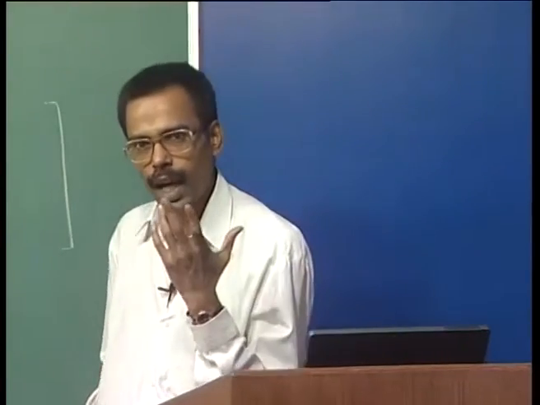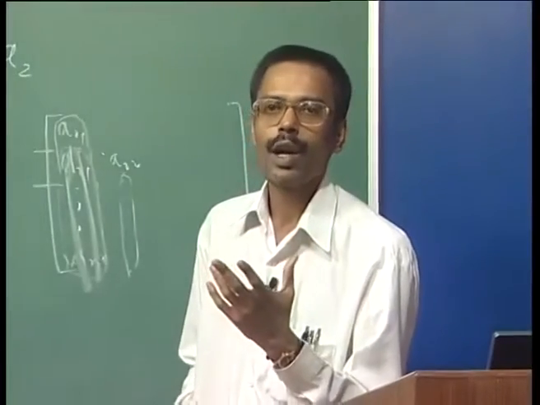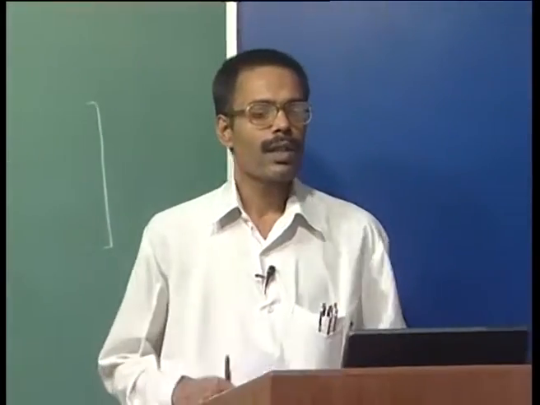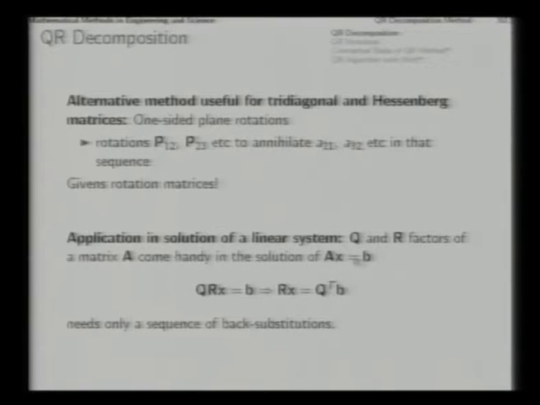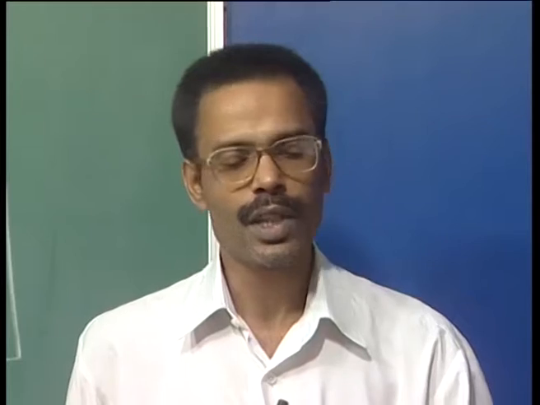If we already have the Q and R factors of a matrix, then even in the solution of a linear system of equations Ax equal to b, it can be utilized, because in place of A, if we write QR with Q and R factors already available in our hand, then first step is pre-multiplication with Q transpose. That will mean Rx equal to Q transpose b, and transposing a matrix and multiplying that to a vector is a task of very little computational effort.